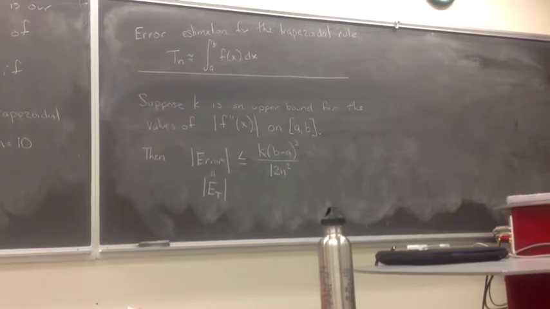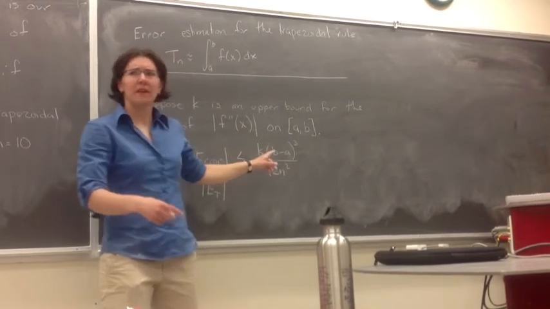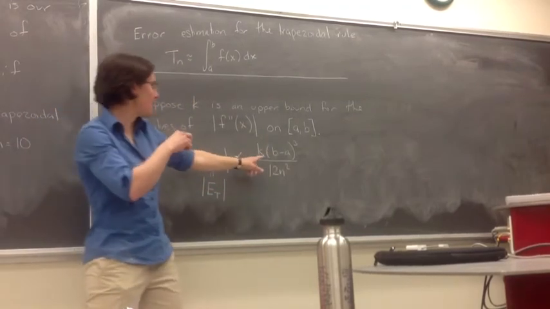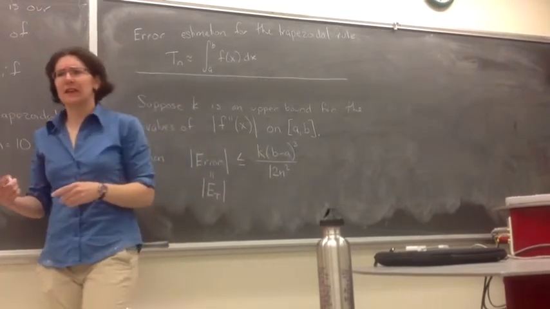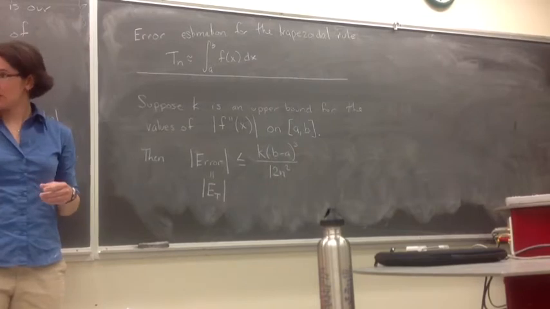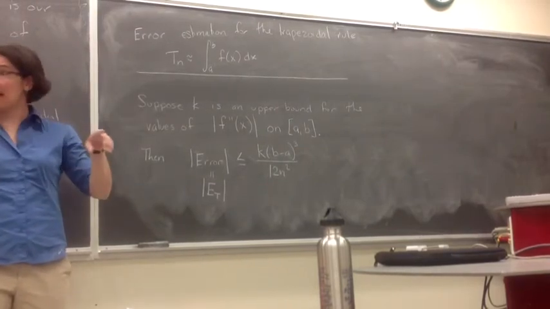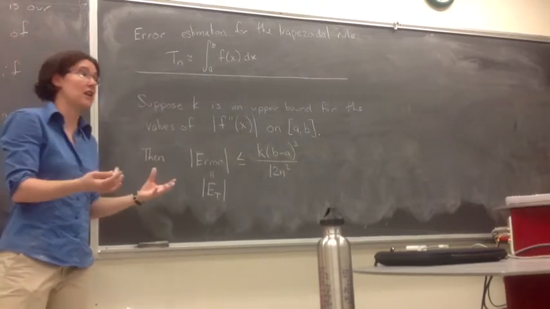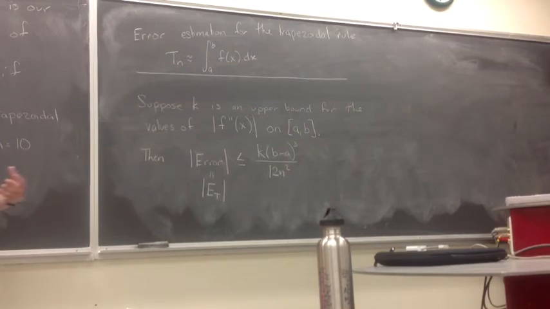For those of you wondering where this formula comes from, here's the idea about this K value. When we talk about a second derivative, what does it tell us about a function? It talks about inflection points, and also about the concavity of the function, whether it is concave up or concave down. Inflection points happen when our second derivative is equal to 0.